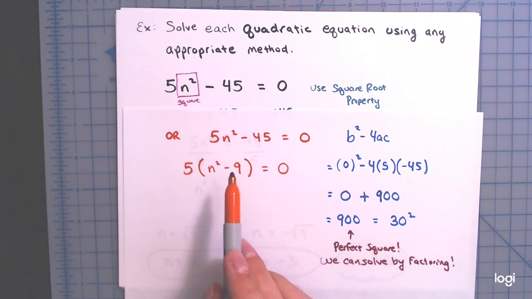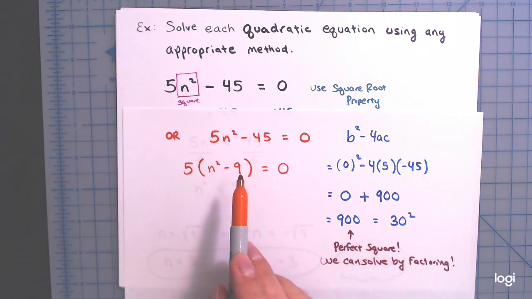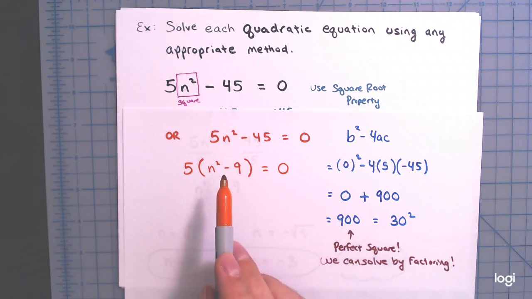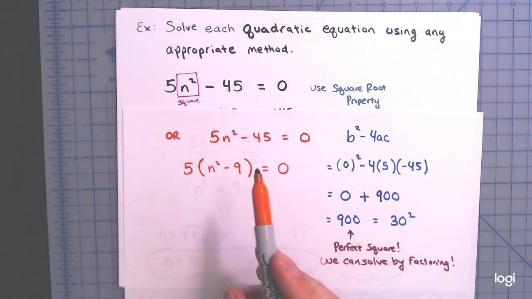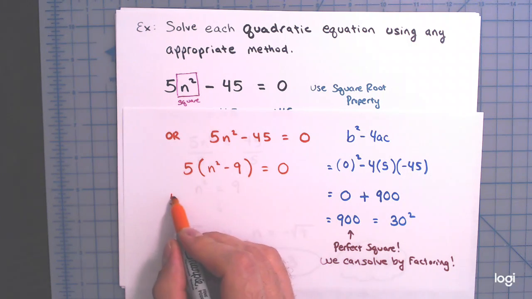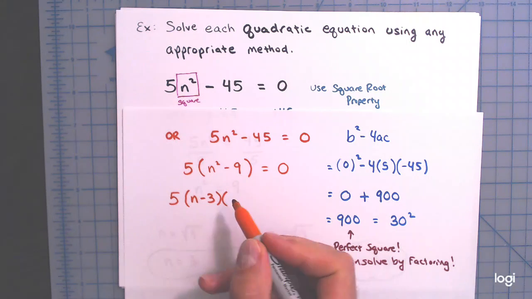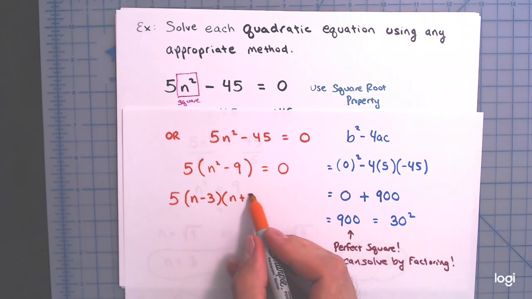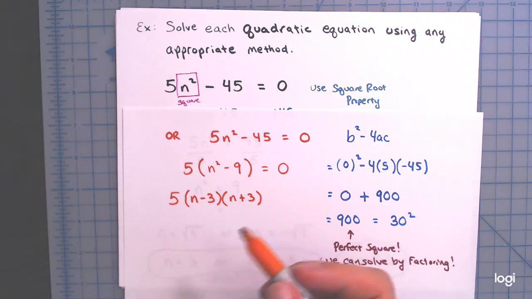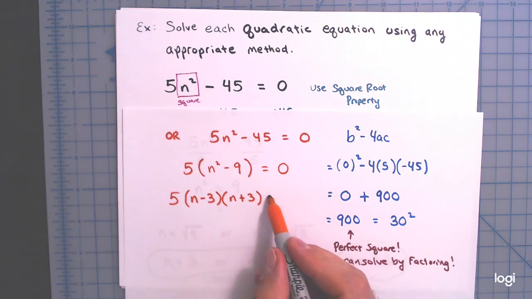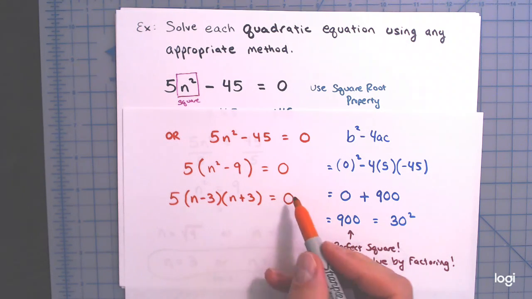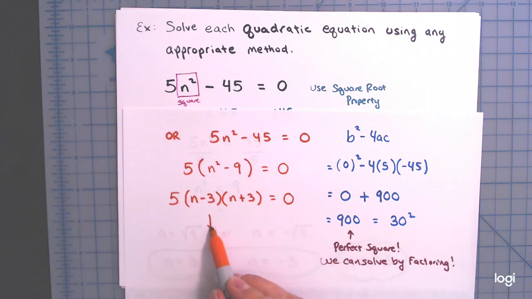And then n squared minus 9, that's actually one of those differences of two squares, n squared minus 3 squared. So that factors to, remember, n minus 3 multiplied by n plus 3, or n plus 3 times n minus 3. Same thing. And now that I have what I want, I have a product equal to 0.